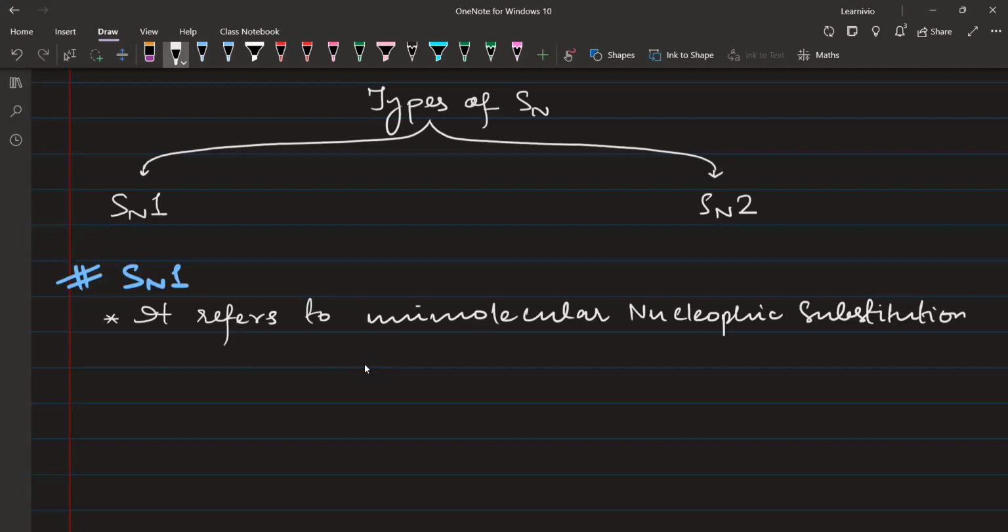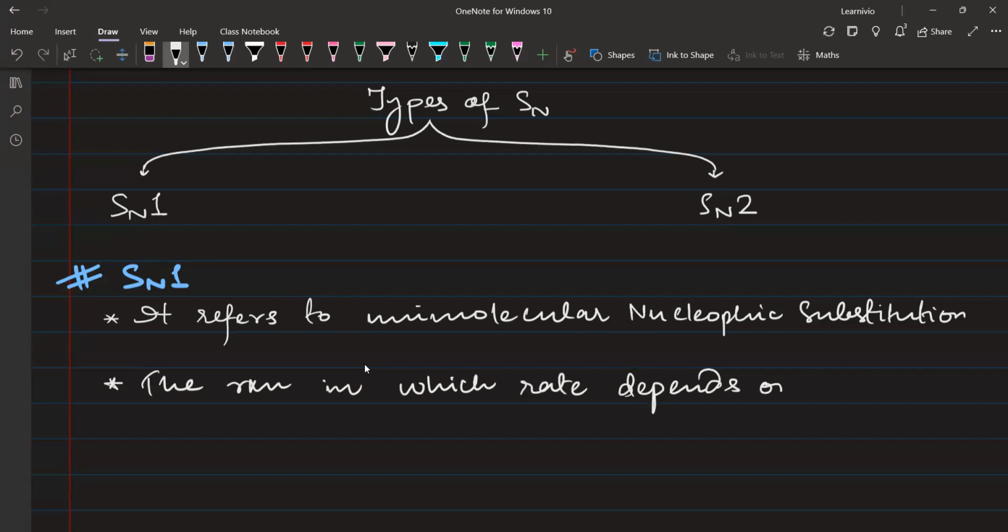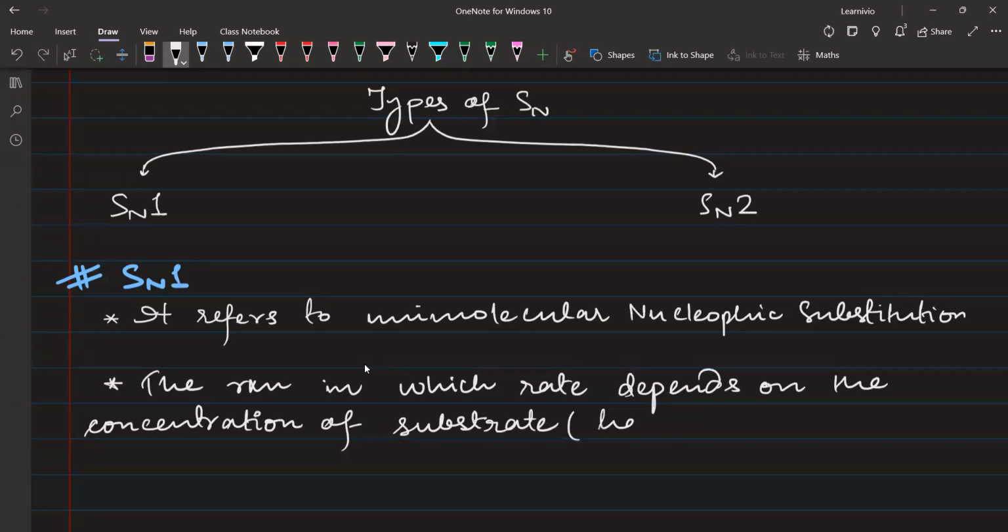The pattern in which the rate depends on the concentration of substrate, that is haloalkane in this chapter, haloalkane only, is known as SN1.